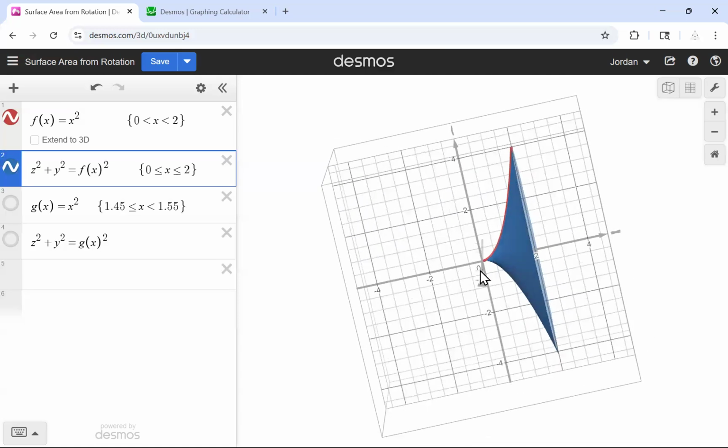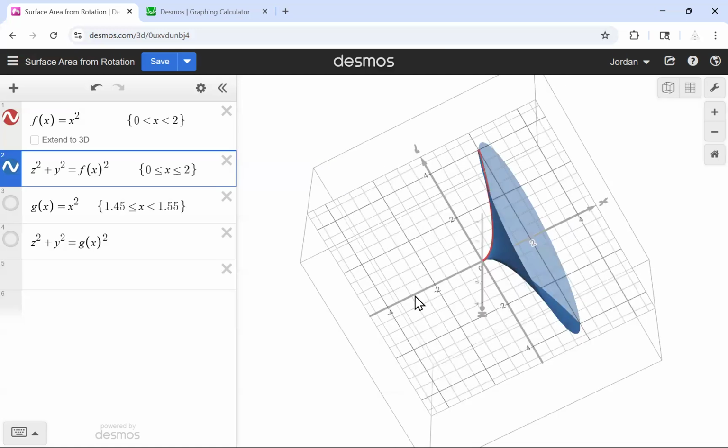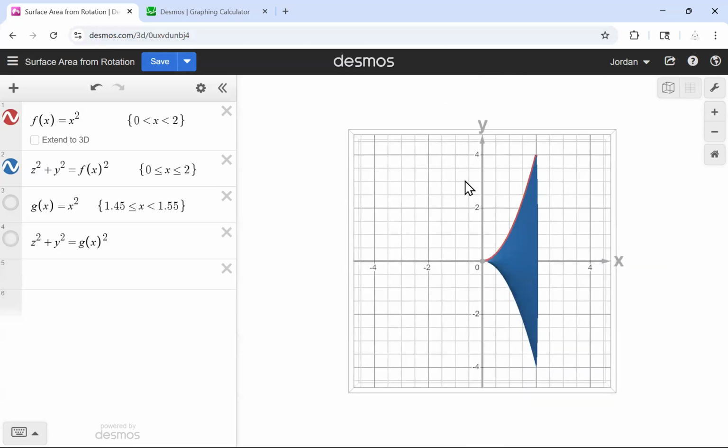So that's the idea. We take a curve, we revolve it around a horizontal line. This time I revolved it around the x-axis. You could obviously revolve it around the y-axis as well. You could revolve it around the line y equals -2 or x equals -4. Lots of different ways we can revolve that. That's what's going on.